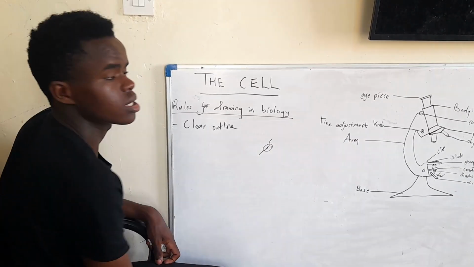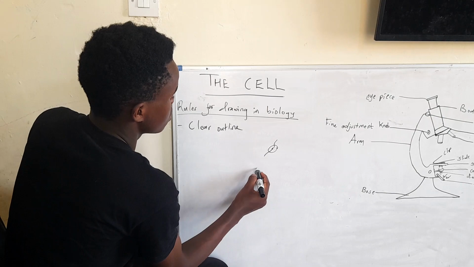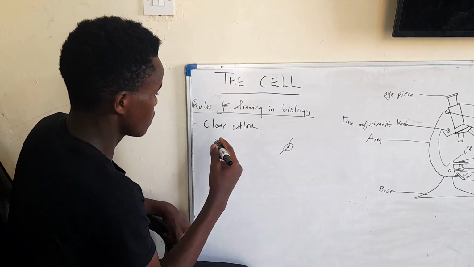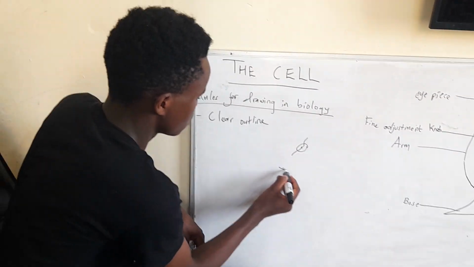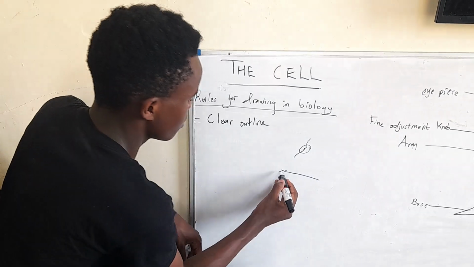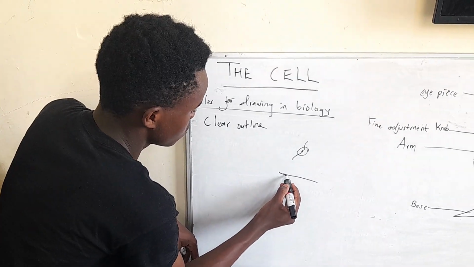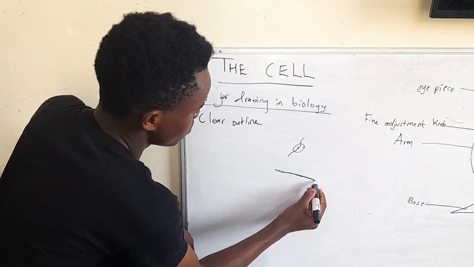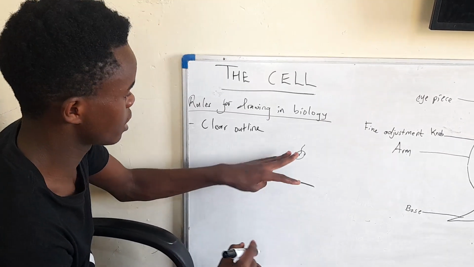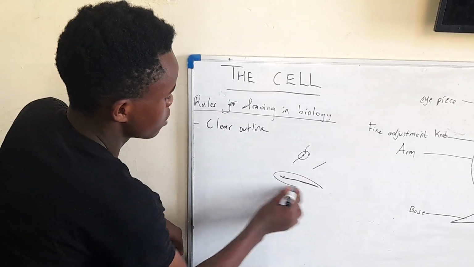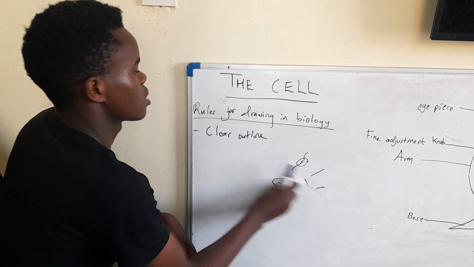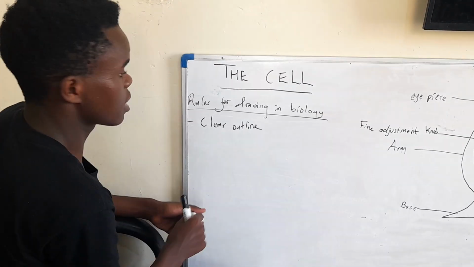And it's not that you draw this, then see it's not dark enough and redraw again. Make it a clear outline once. This one is going to give you a wrong as well. So you should always have a clear outline.